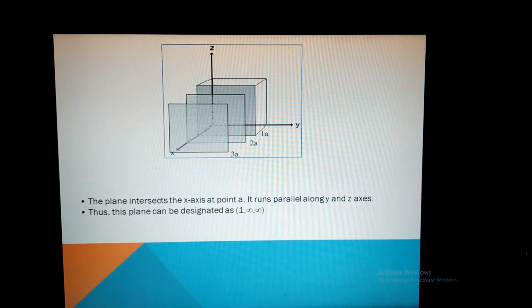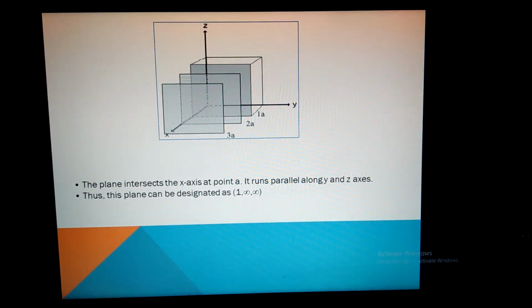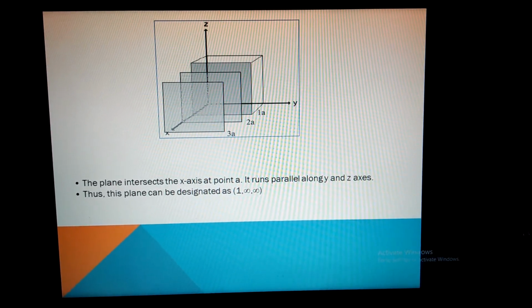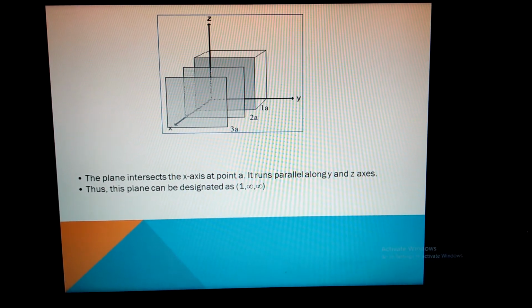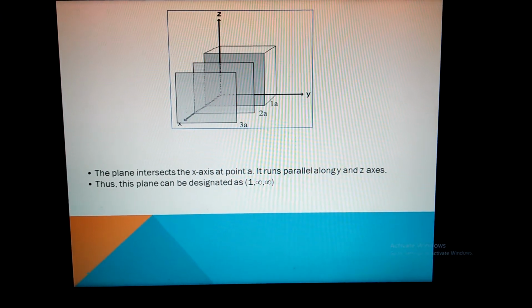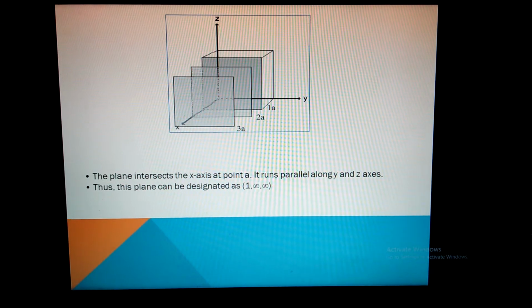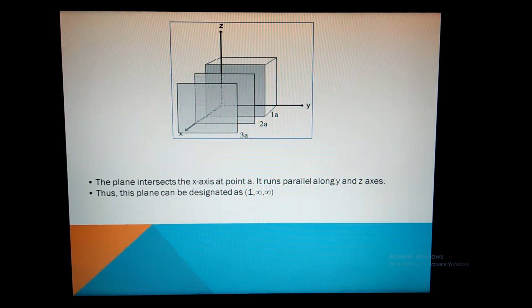The plane intersects the x-axis at a point, and runs parallel along the y-axis and z-axis. Thus the plane can be designated as 1, 2, 3.